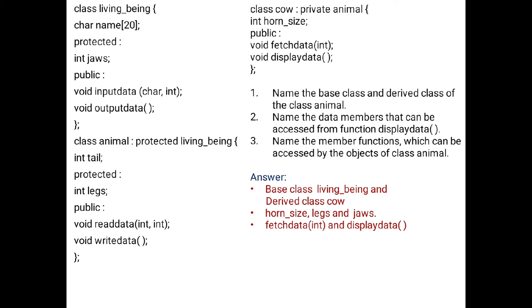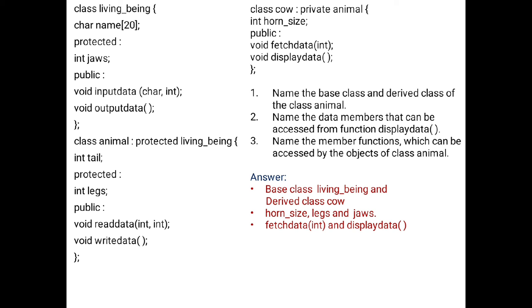This means that when the members of the class living being are declared inside the class animal definition, the protected data members will remain as protected, and the public member functions, that is input data and output data, will change from public to protected.